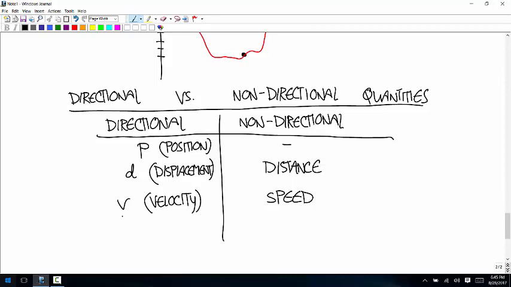And then the last directional quantity that is going to be important to us is acceleration. And this is a really confusing one because the non-directional version of acceleration really is acceleration and deceleration.